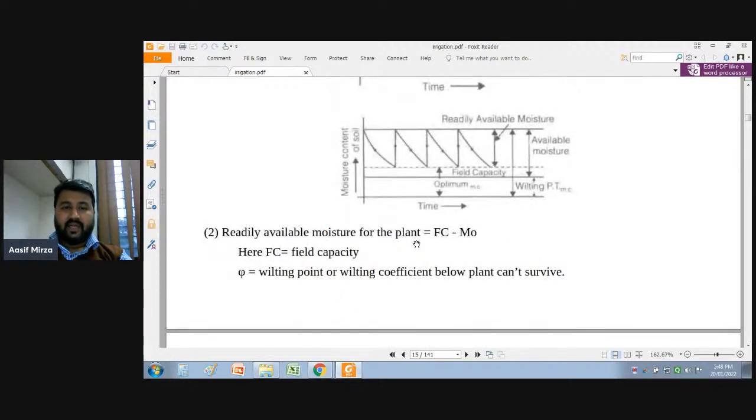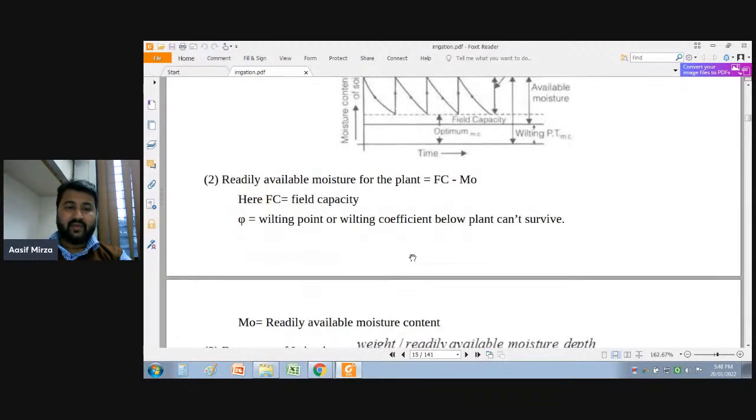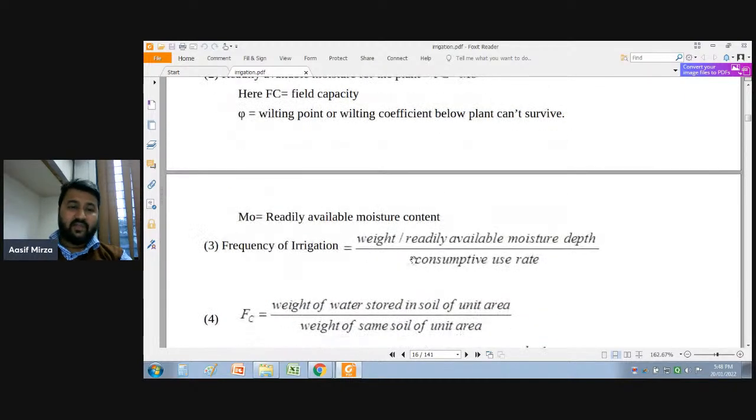Similarly, we have another curve in which the available moisture is shown and the optimum moisture content is also shown. Now, the readily available moisture for the plant is equal to Fc minus Mo, where Fc is the field capacity and Pwp is the wilting point or the wilting coefficient, below which the plant can't survive. Mo is the readily available moisture content.